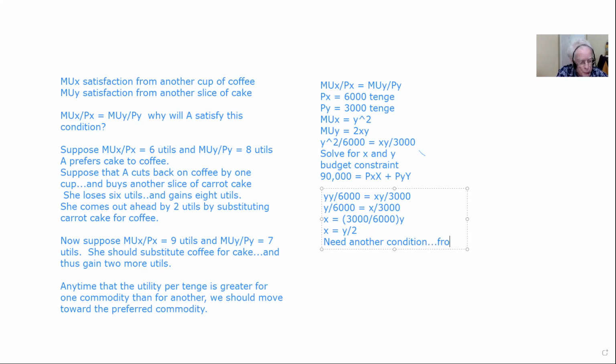Yes, let's get it from the business constraint. And then we will have two independent conditions. So we should be able to solve separately for x and y.